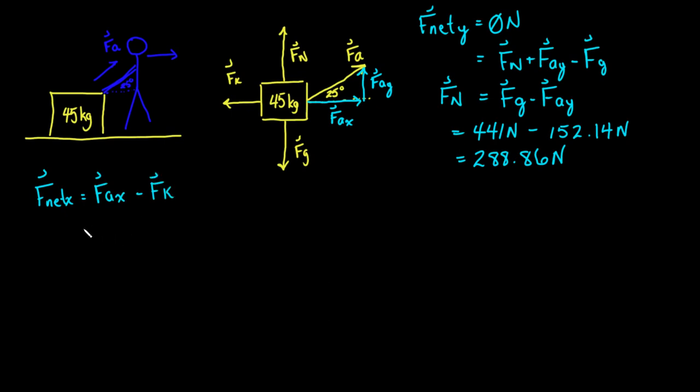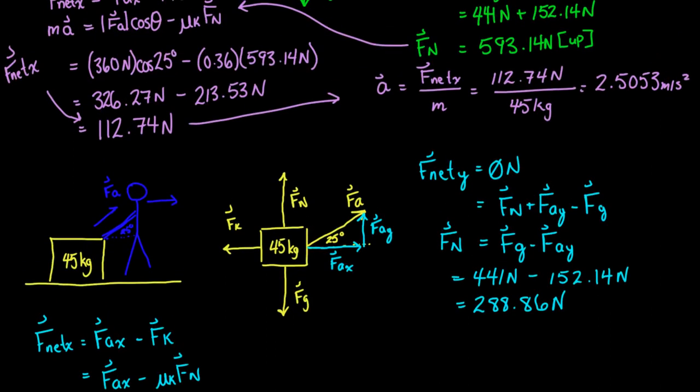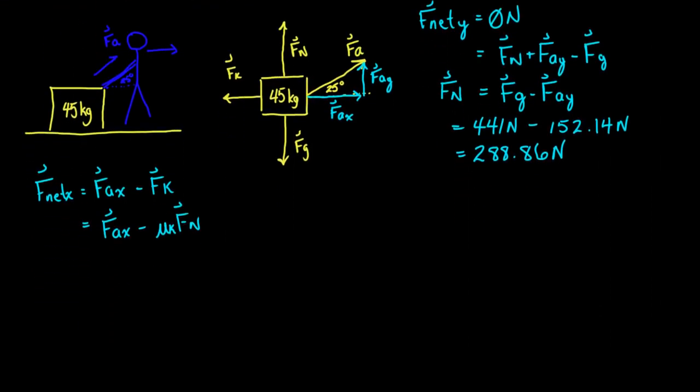Okay, but remember, the way we solve for the force of kinetic friction is you're taking that coefficient times this force of normal. Okay, so although I don't have to solve for that x component again, the x component was 326.27, we are going to have to calculate what that new force of friction is.